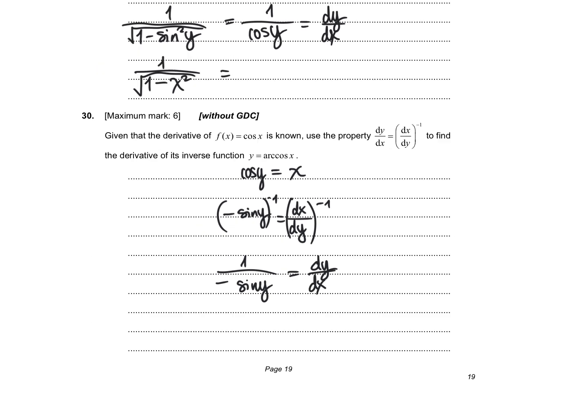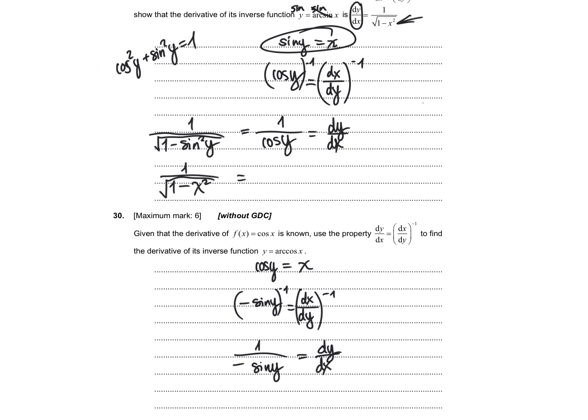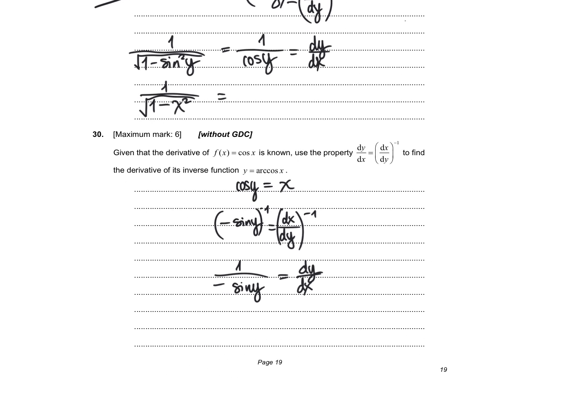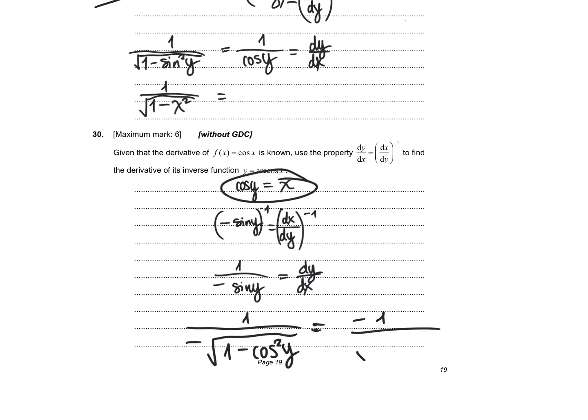And then from this here, we're going to have 1 over negative the square root of 1 minus cosine squared y. And we know that this is equal to x. Oops, sorry. -1 over the square root of 1 minus x squared.